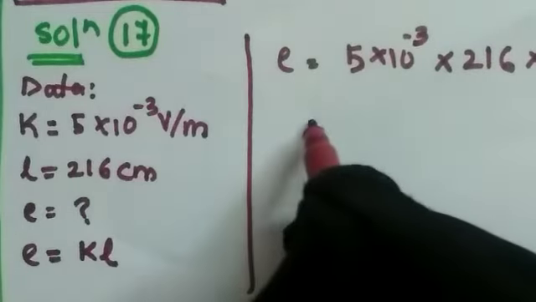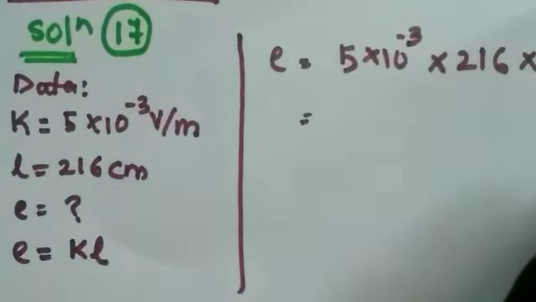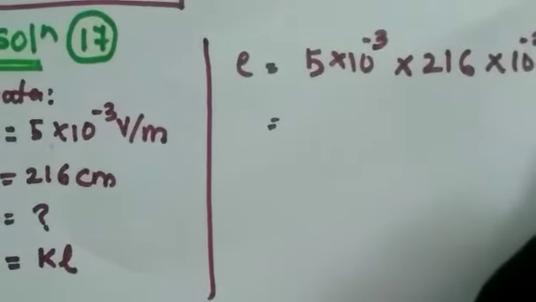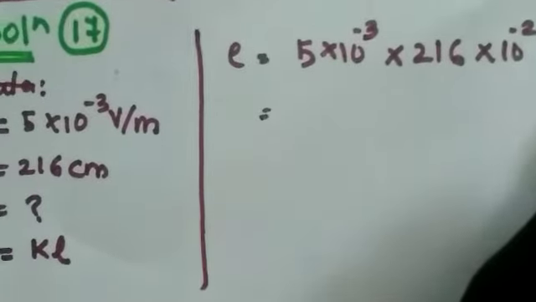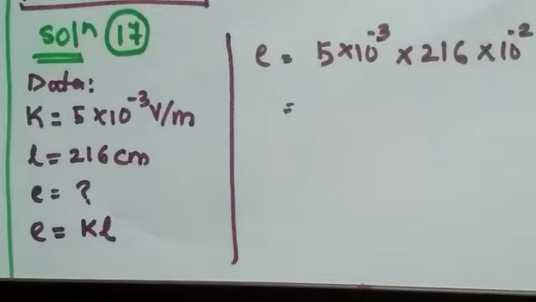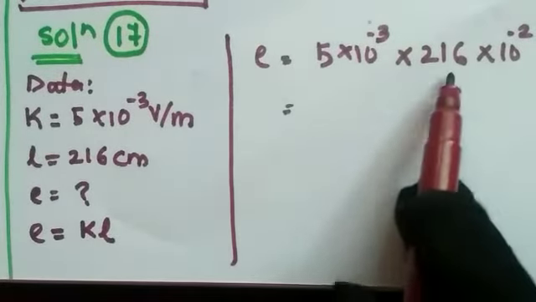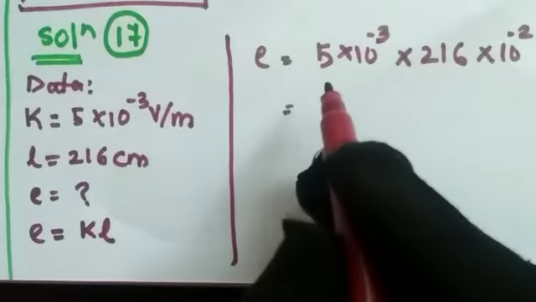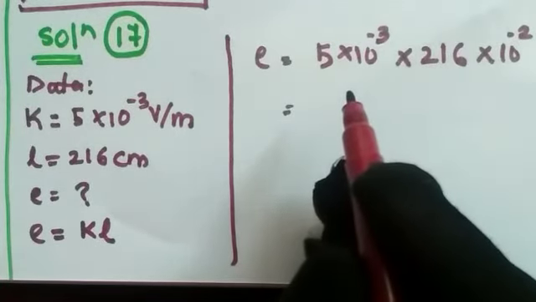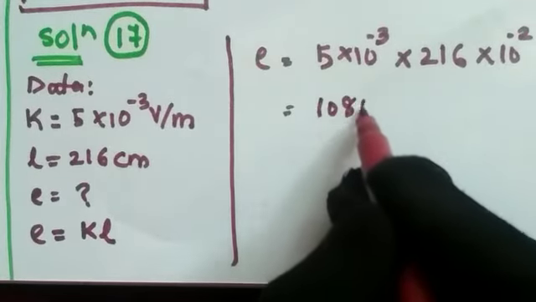So finally 5 into 216, if you multiply it, 216 multiplied by 5, you will have here 1080.